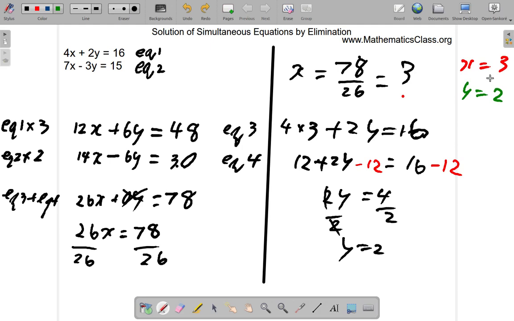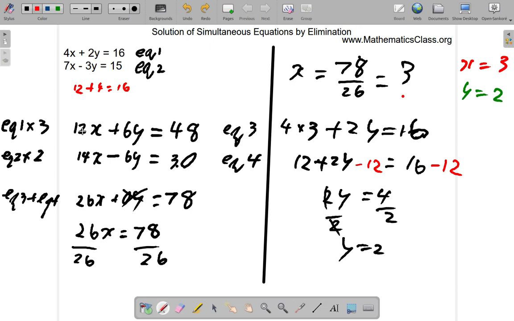Nice. And we can test the answers. Let's test the answers before we finish off. In equation 1, 4 times x, x is 3, 4 times 3 is 12, plus 2 times y, y is 2, 2 times 2 is 4, 12 plus 4 is 16.